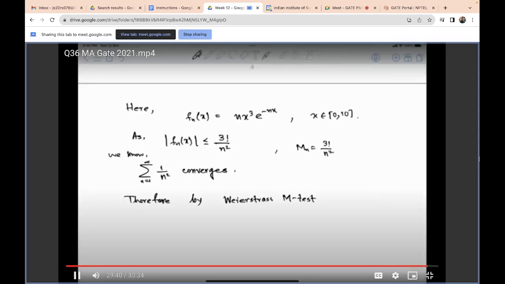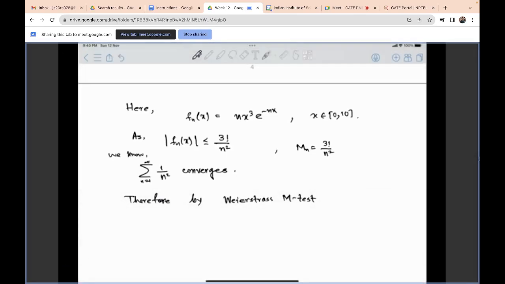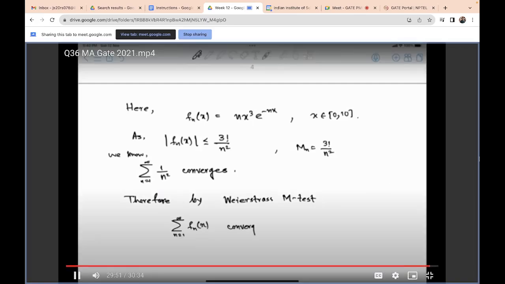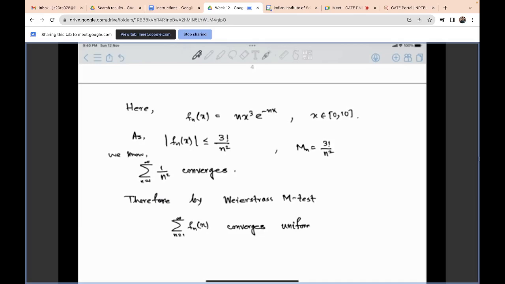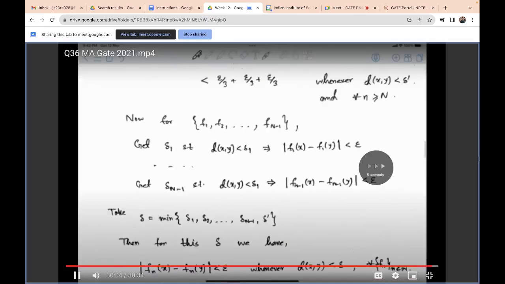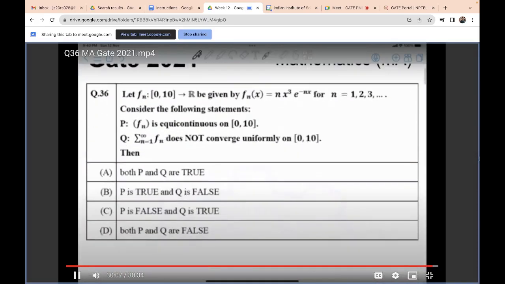Because this series converges, by the Weierstrass M-test, the summation of fn converges uniformly on 0 to 10.